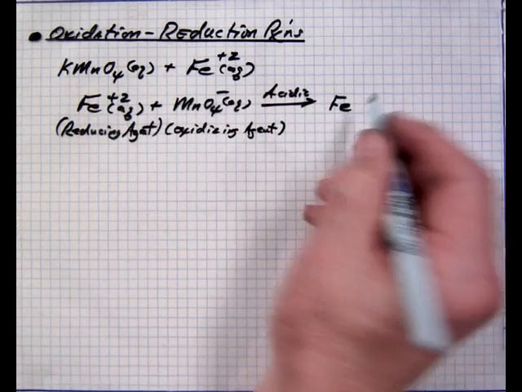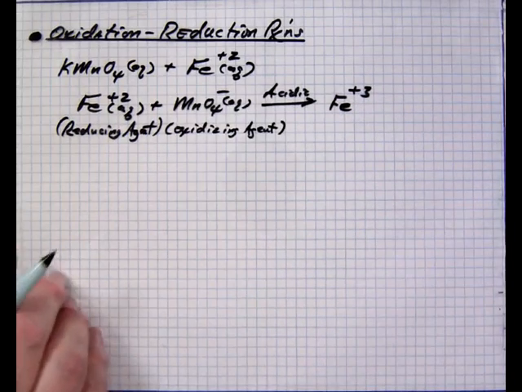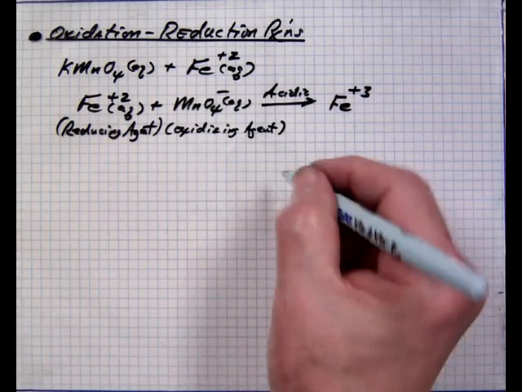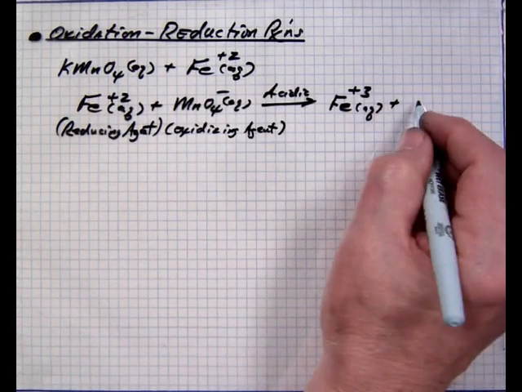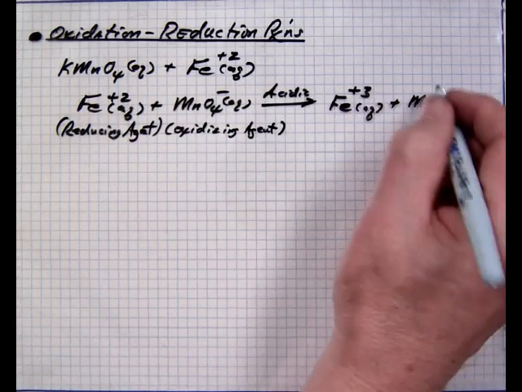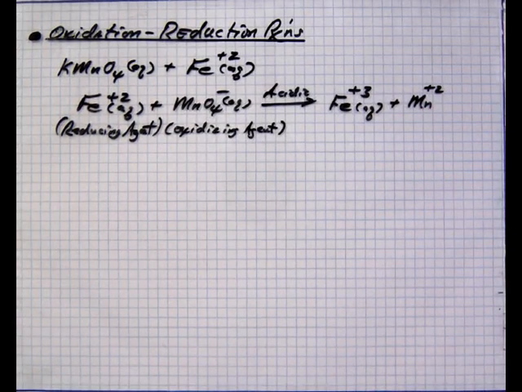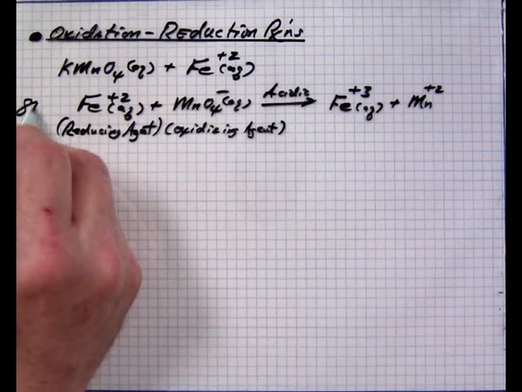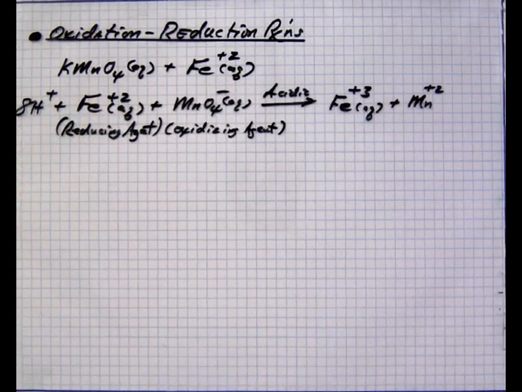we produce iron 3, which undergoes reduction, and aqueous, and manganese plus 2. And if it's in an aqueous medium, this will balance out with 8 moles of hydronium ion, if you wish.